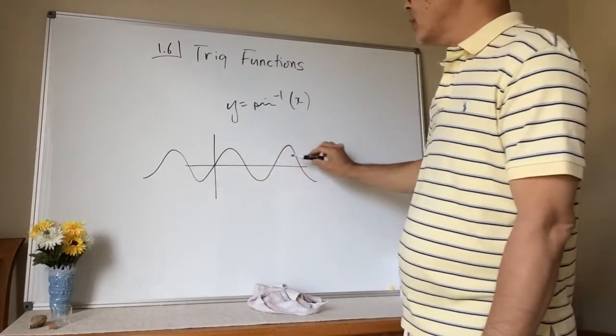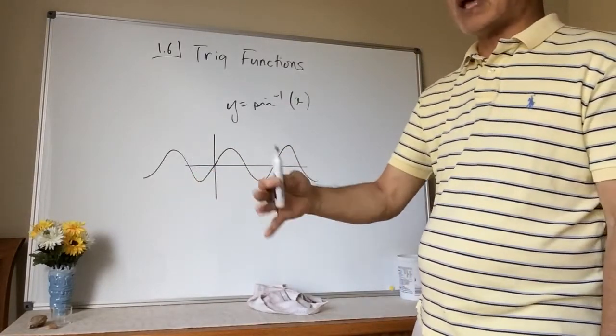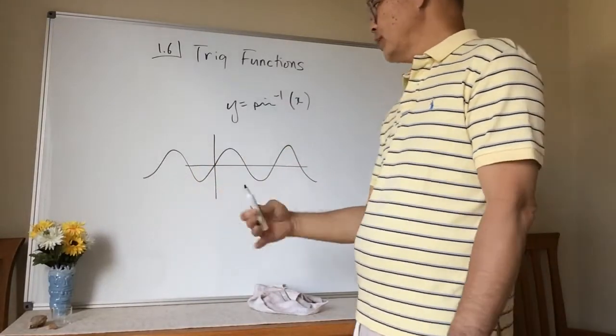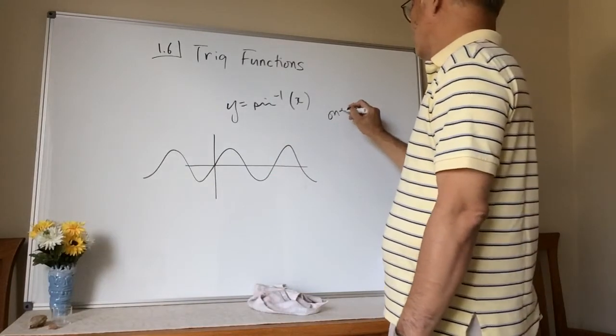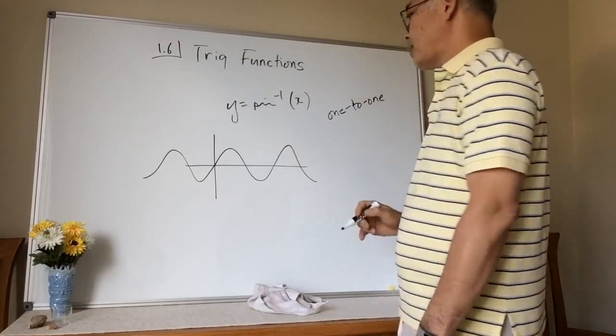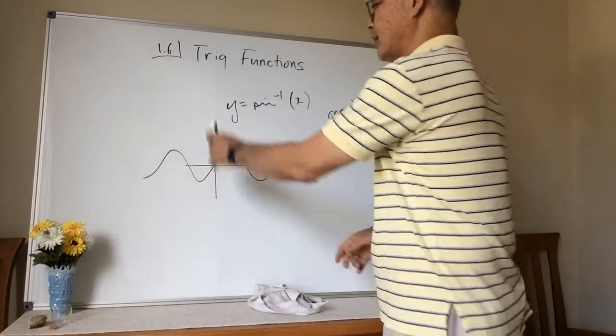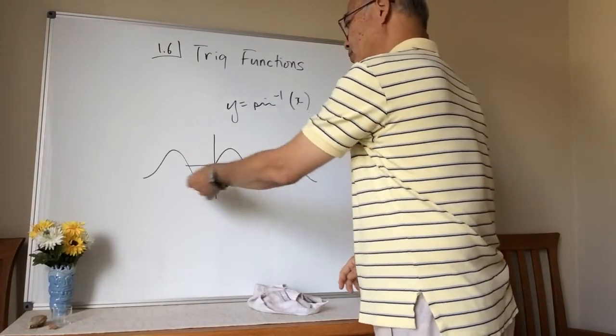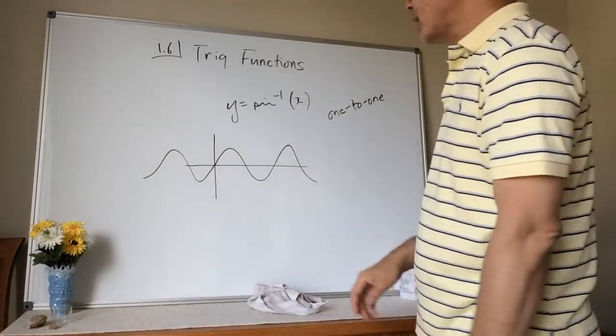In other words, remember, inverse functions require a one-to-one function, and to be one-to-one you had to pass not only the vertical line test but also the horizontal line test.